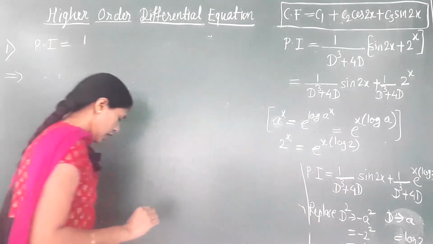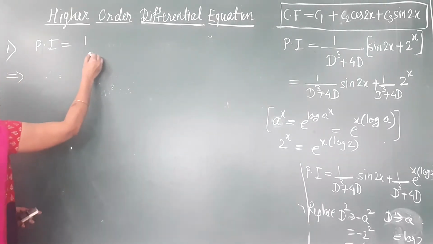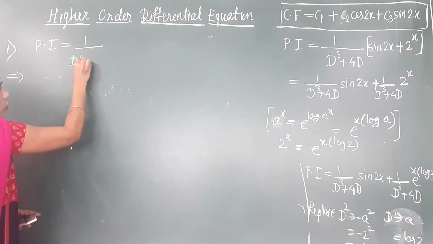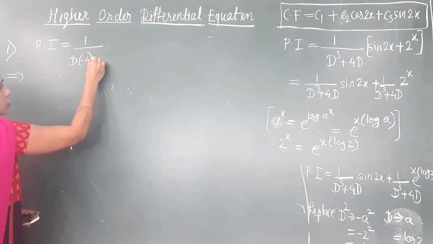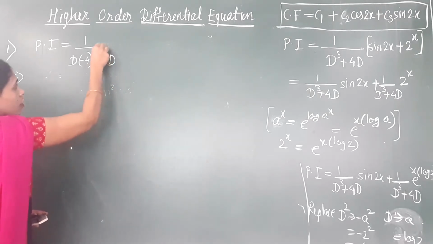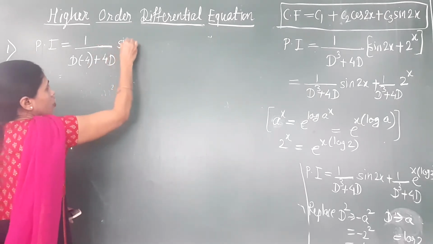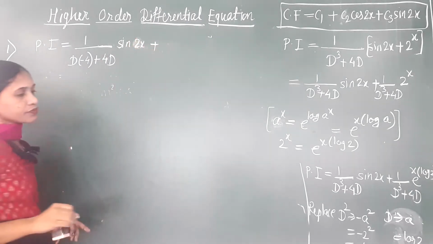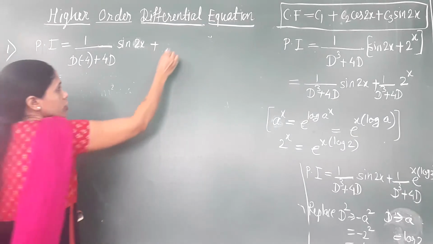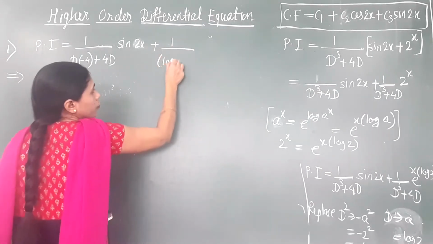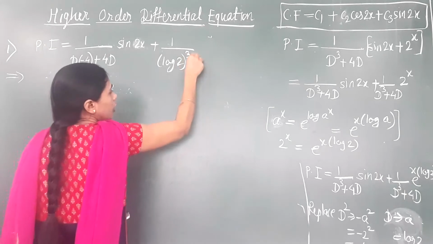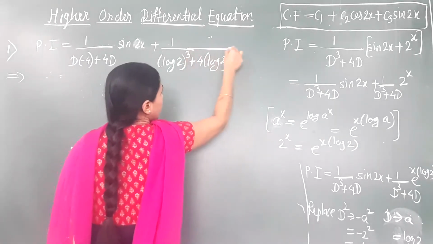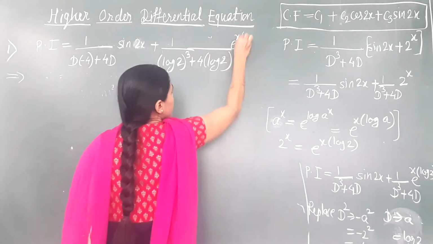Now in the first term replace D square by minus 4. D cube can be written as D multiplied by D square. So it is 1 upon minus 4D plus 4D multiplied by sin 2x, plus, replacing D by log 2, 1 upon log of 2 whole cube plus 4 multiplied by log 2 multiplied by e to the power x into log of 2.